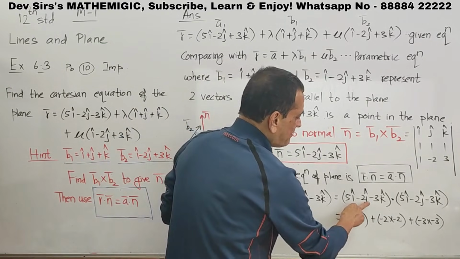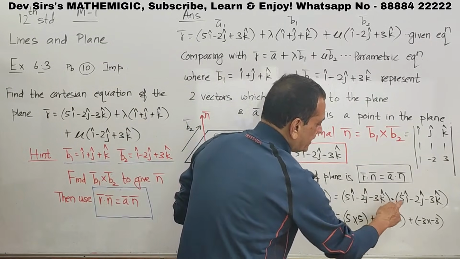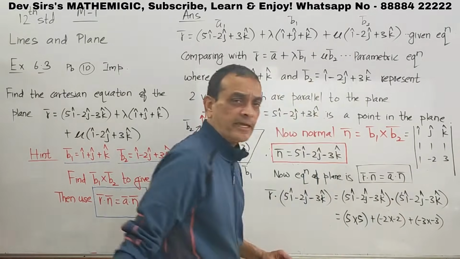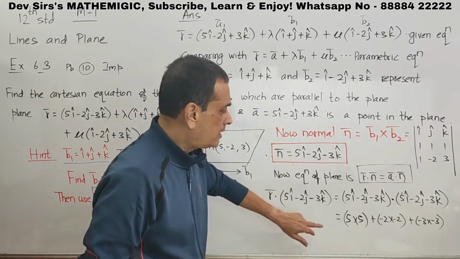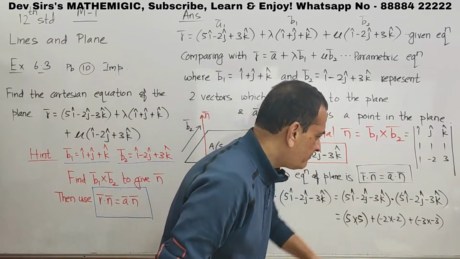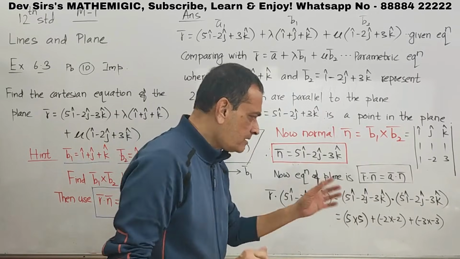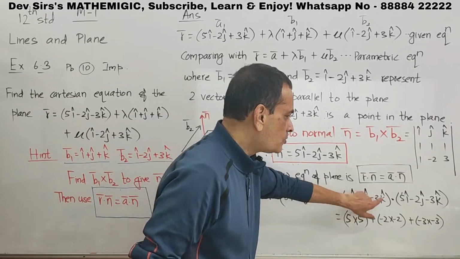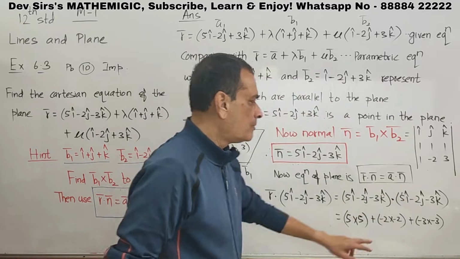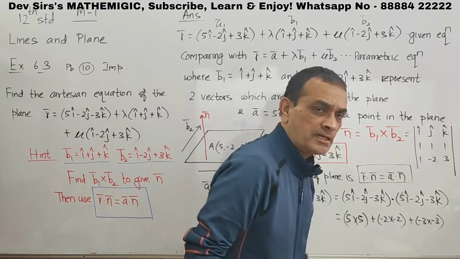So 5i minus 2j minus 3k dot 5i minus 2j minus 3k. Now, how do you take the dot product? 5 into 5, take bracket, confusion में बीच में plus sign रखो, minus 2 into minus 2, plus minus 3 into minus 3.